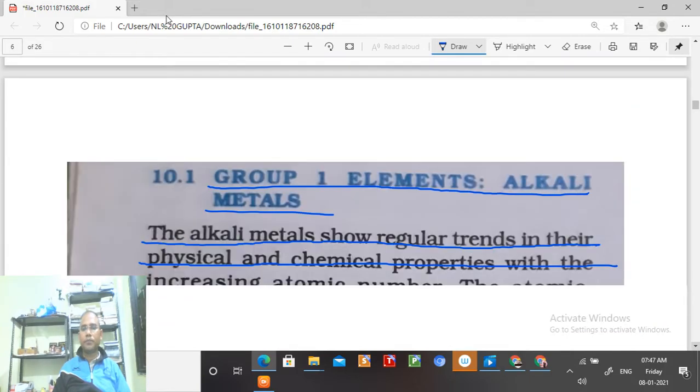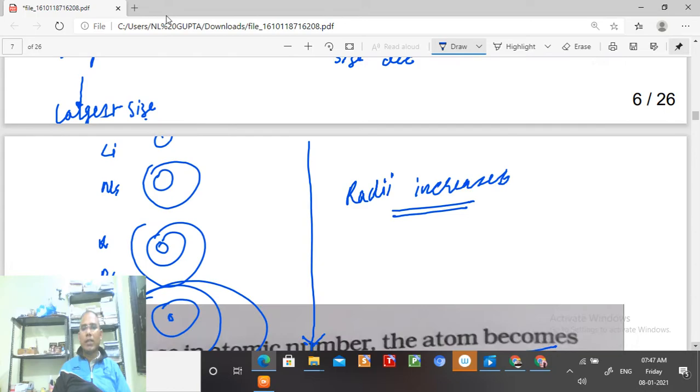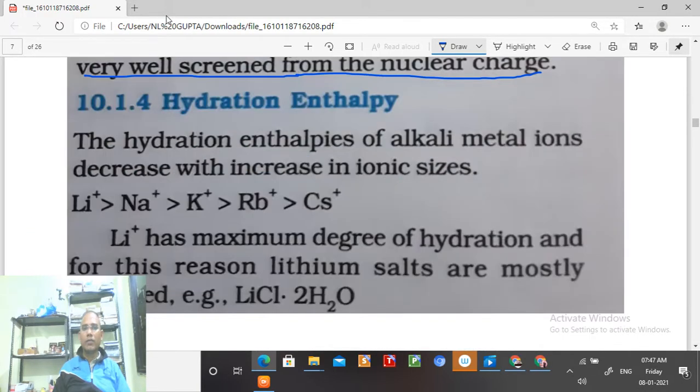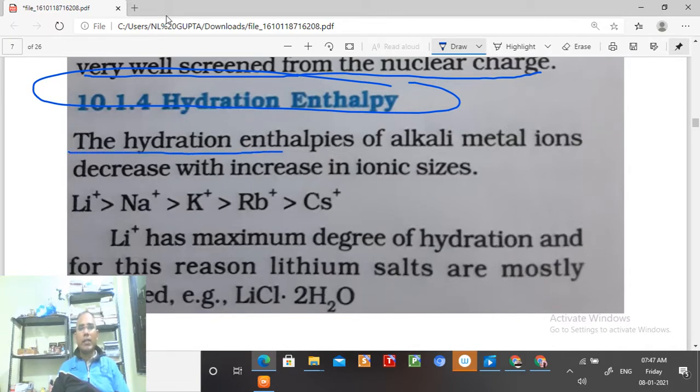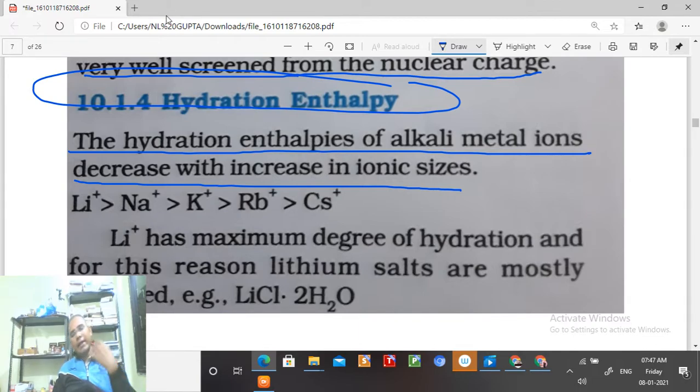Now after ionization enthalpy, what is the next point, student? Hydration enthalpy. Now, student, the hydration enthalpy of alkali metal ions decreases with increasing ionic size. Hydration enthalpy means the amount of energy released when the ions get dissolved in water. So the smaller the size, the greater the release of energy.